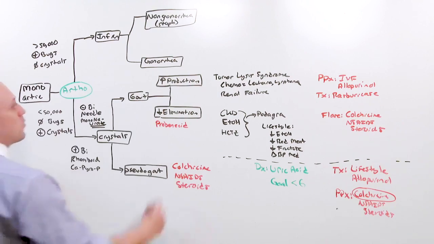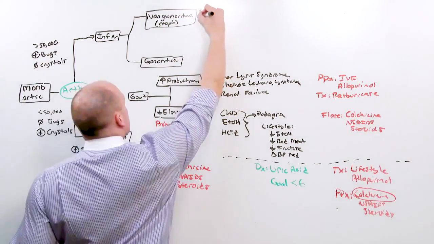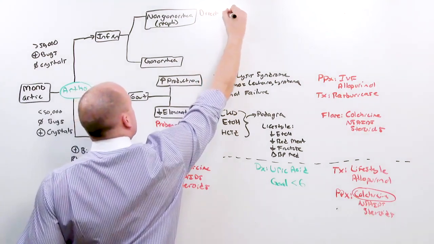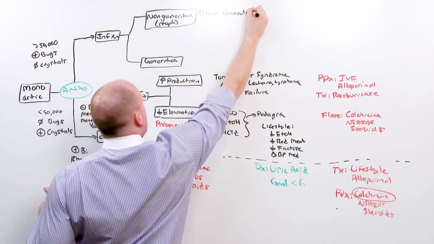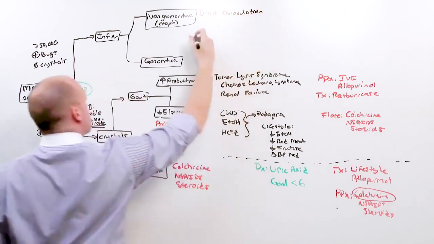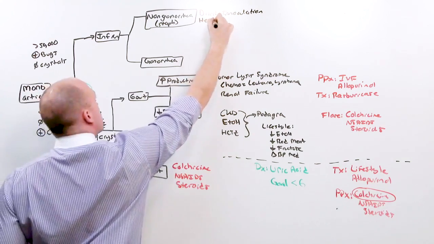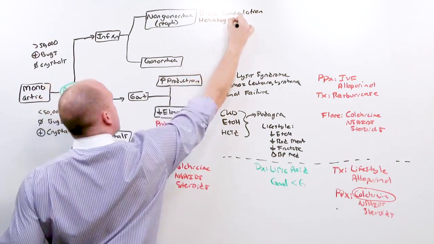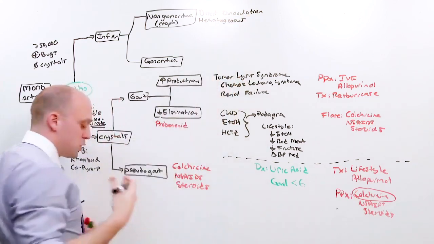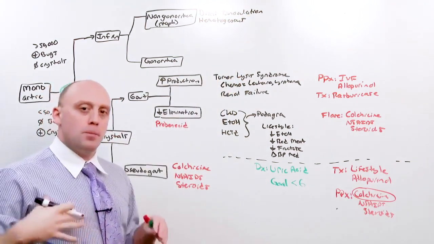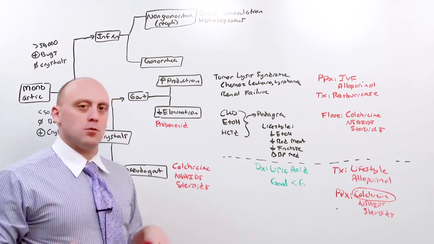Non-gonorrhea or staph can happen in a couple of ways. Direct inoculation. They've got a sword coming out of their knee. Yep, that knee's probably infected. Or hematogenous spread. And the people who are going to get hematogenous spread are going to be people who push staph into their own bloodstream.